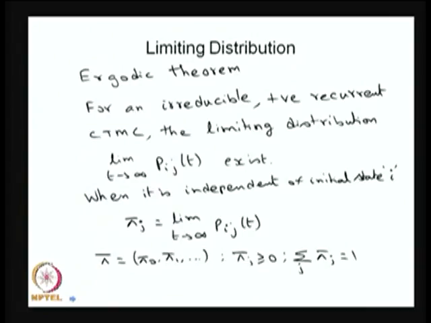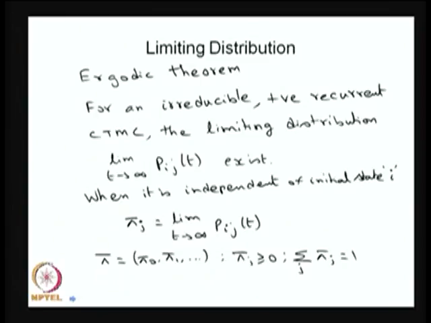Whenever you have an irreducible CTMC with all the states positive recurrent, then as t tends to infinity, the system has a limiting distribution. If it is independent of the initial state, then you can label it with pi j as the probabilities, and this probability distribution satisfies the probability mass function conditions.